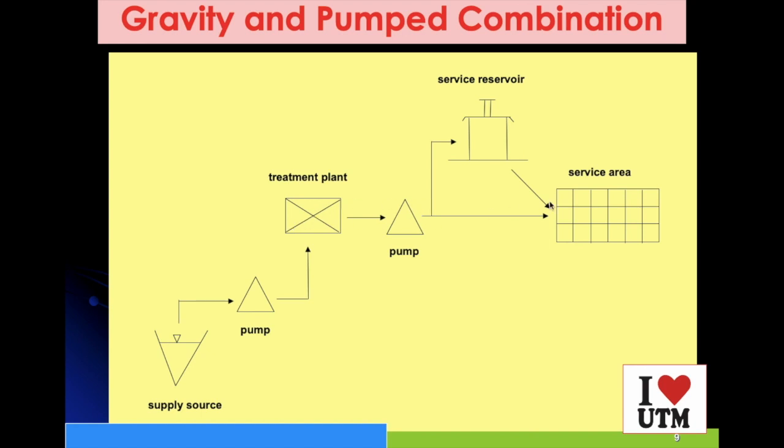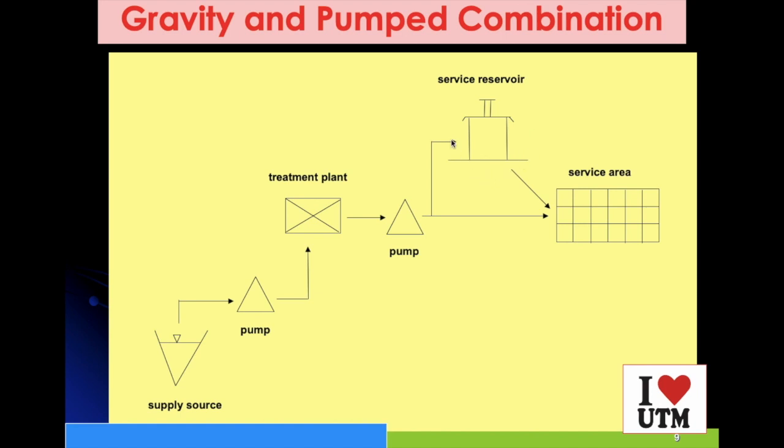Let's say during peak hours, the service area needs 900 liters per second. So the pump will always pump at 500 liters per second. Now it will directly provide 500 liters per second to the service area. It's not enough, because I said that during the peak hours we need 900 liters per second. So 500 directly goes there.